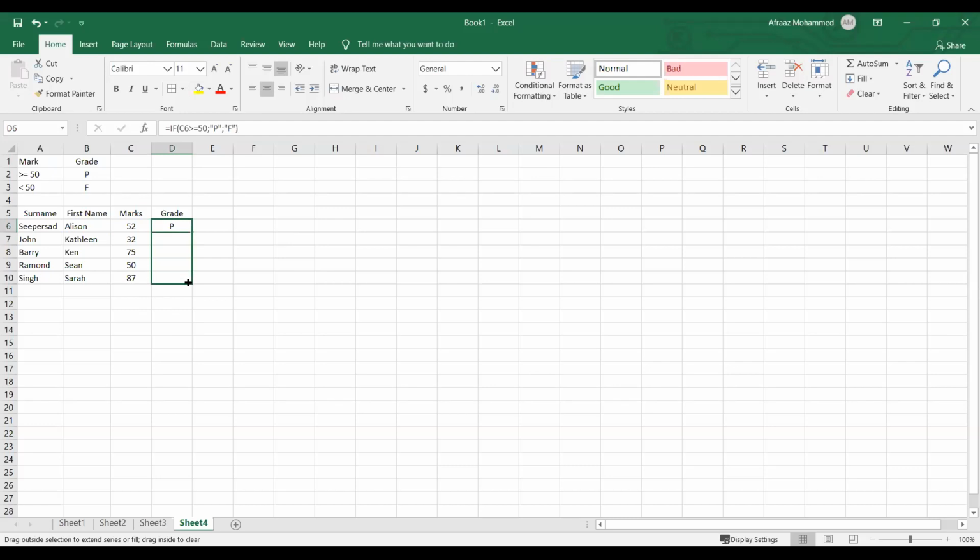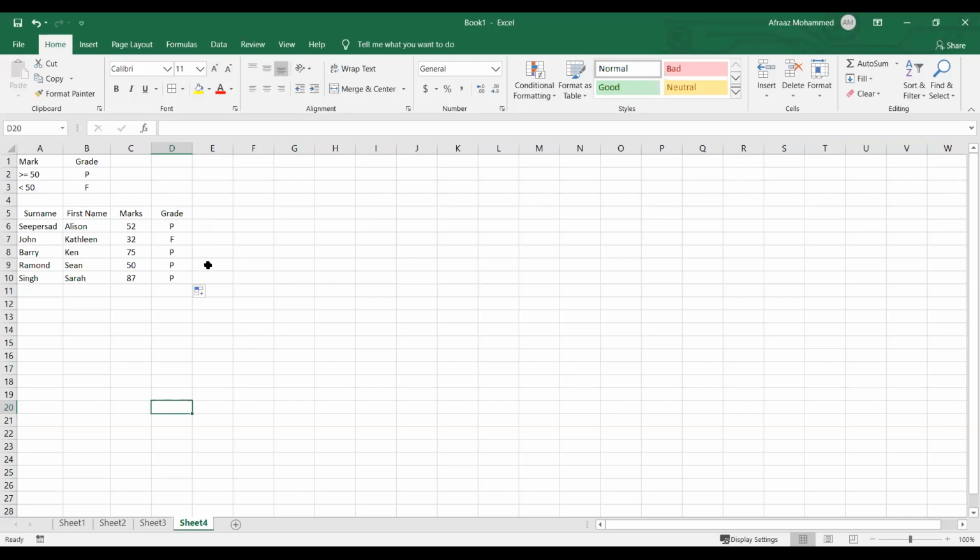So let's see this formula. And based on this, it gives the correct output. So that works fine. But let me ask a question now. If instead of P and F, we want to change the grade, right, to a different name, or we want to rename this column.